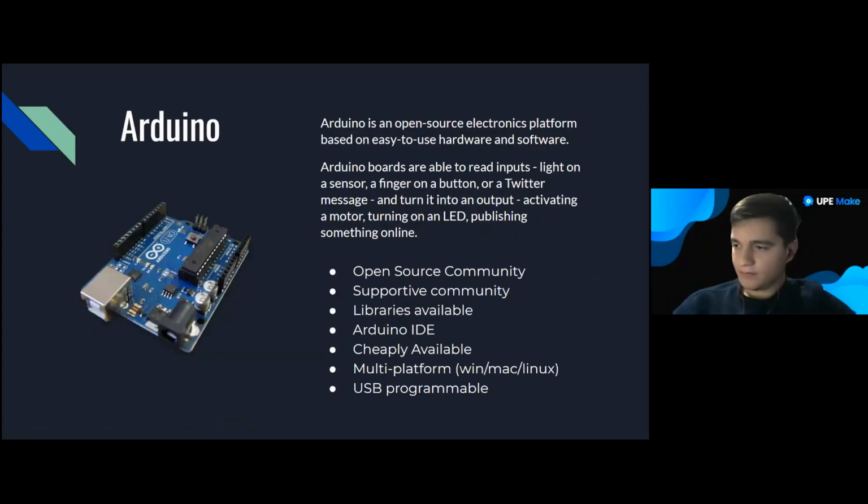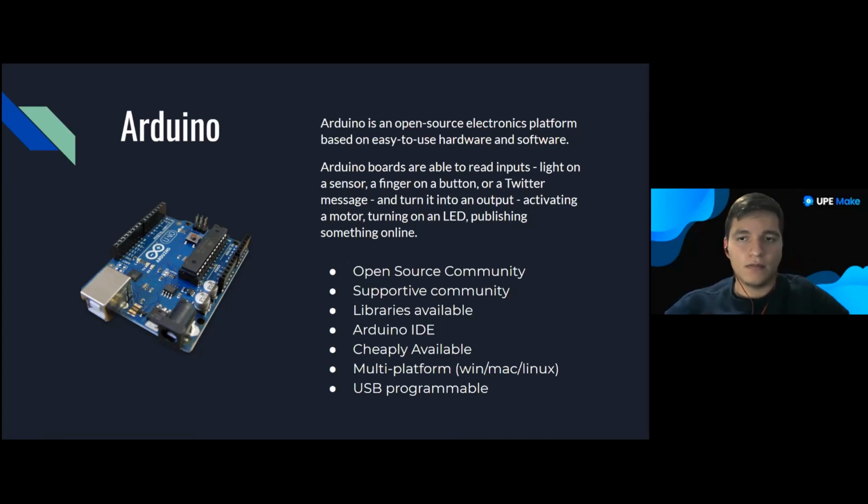Okay. So for the Arduino portion of the workshop, I'm going to talk to you a little bit about what an Arduino is, some of the features that you have and things that you could do with it, and why it's a really good source for learning how to program and interacting with hardware. So it's basically an open source electronic platform. It's a really small computer that you can program things onto.